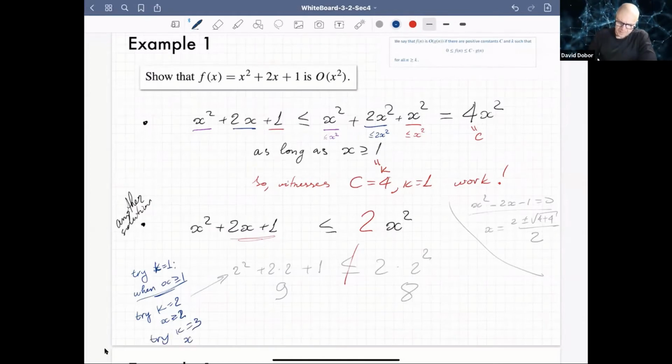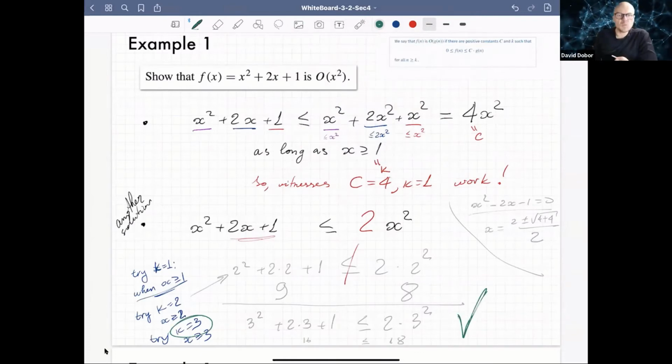Now I'm considering all these x's greater than or equal to 3. Then 3 squared plus 2 times 3 plus 1, is it less than or equal to 2 times 3 squared? You have 9 and 6 and 1, that's 16 here, and on the right-hand side I have 18. So this time around, this works. This k equals 3 works.